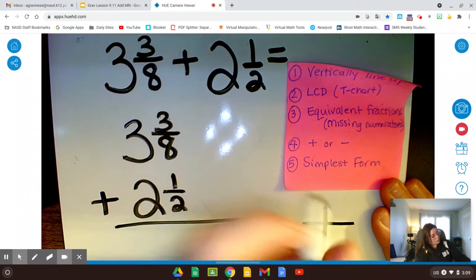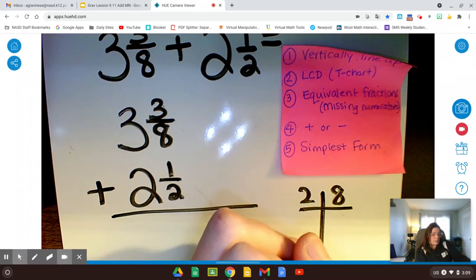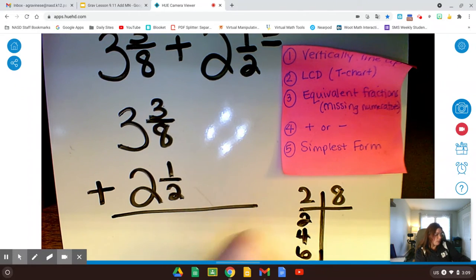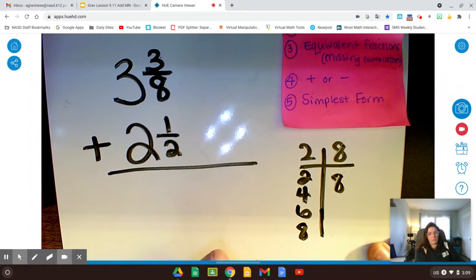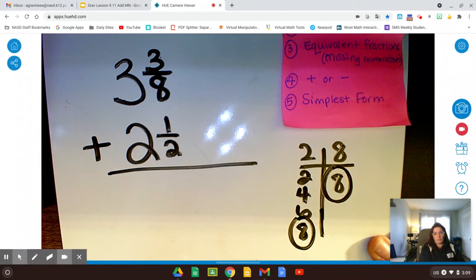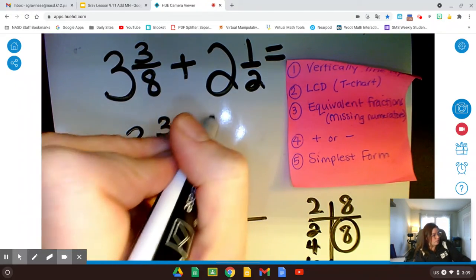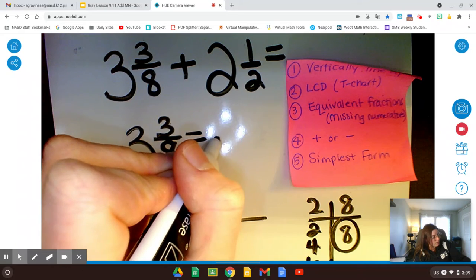My denominators are 2 and 8, so I need to count and list multiples of 2 and 8 until I get something in common. 2, 4, 6, 8. And when I count by 8s, I get 8. So that means 8 is my common denominator. Both of these fractions need to be written with a denominator of 8.